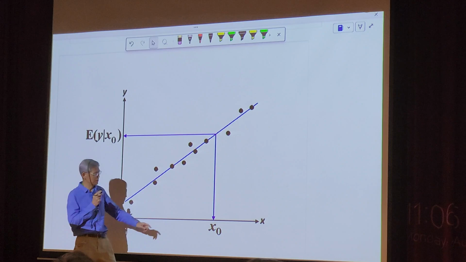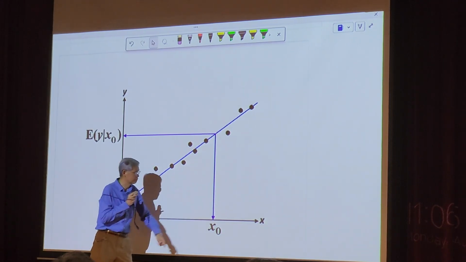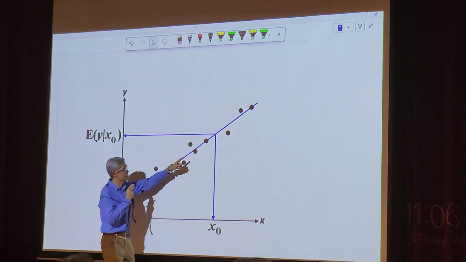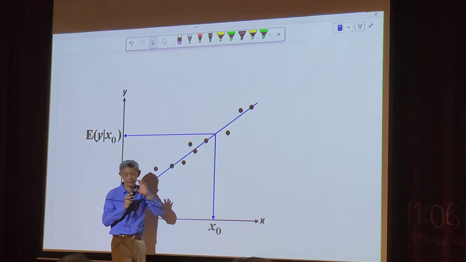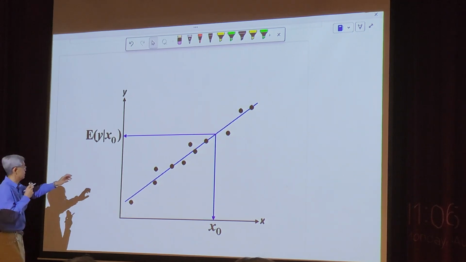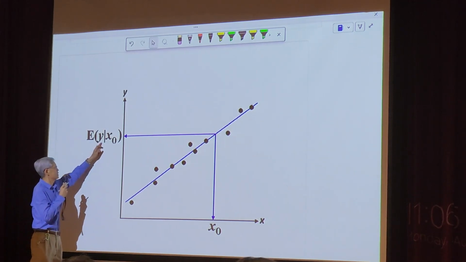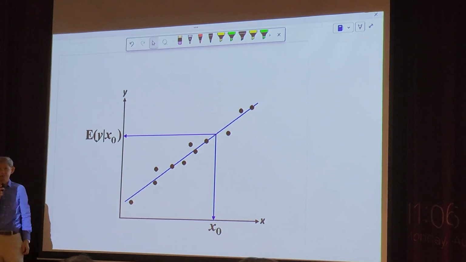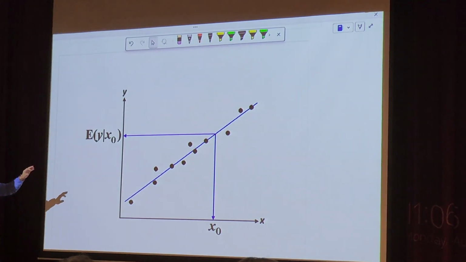Suppose we are interested in this x0, and this particular point here is the expected value of the response at the point x0. That value is also the predicted value, or you call it the fitted value. There are many ways to call it, but they are all the same.